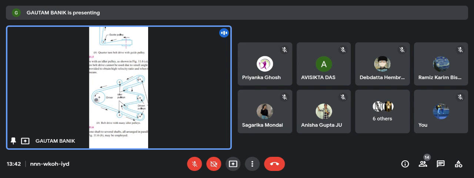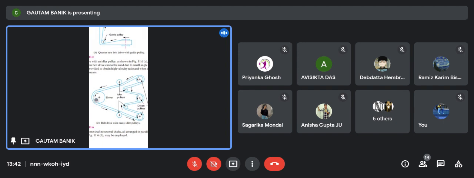to transfer power from one driver shaft to several driven shafts or followers. You can rotate the followers with the help of this type of belt drive.